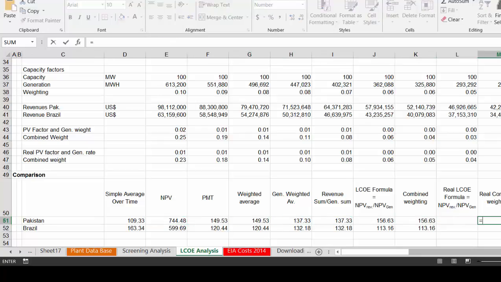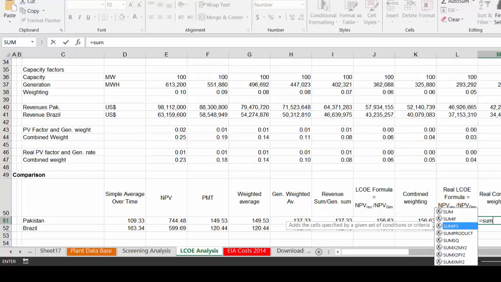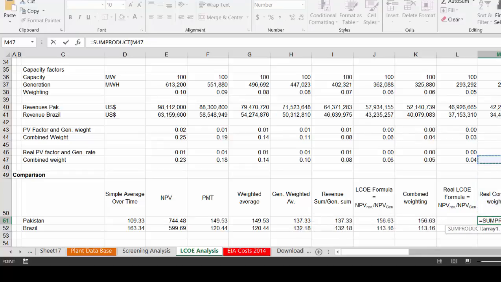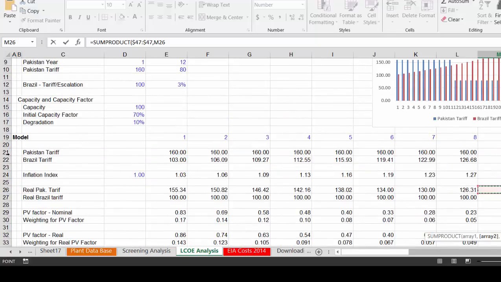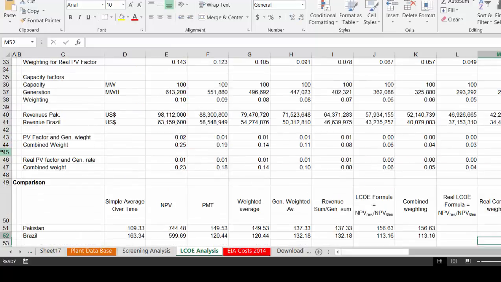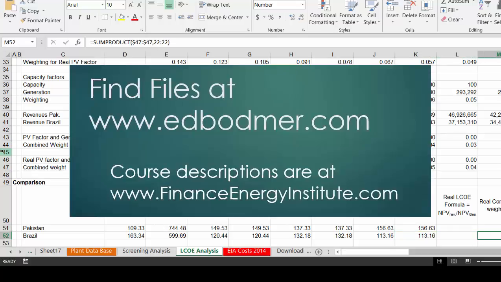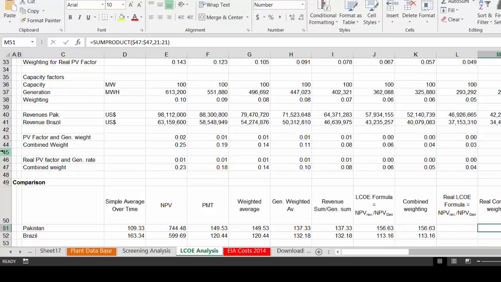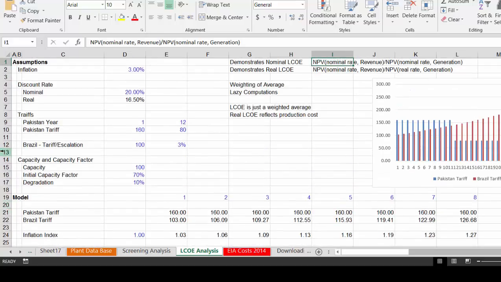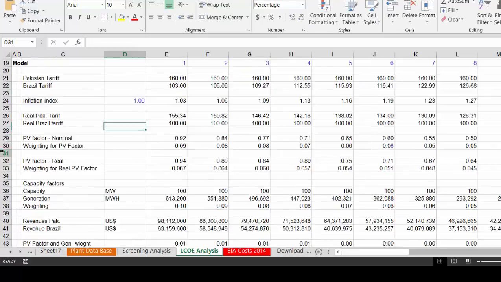Our combined weighting would then be the sum product of the combined weight, press F4, against the Pakistan tariff. I think it should be a lower number. Let's put a 9% discount rate.